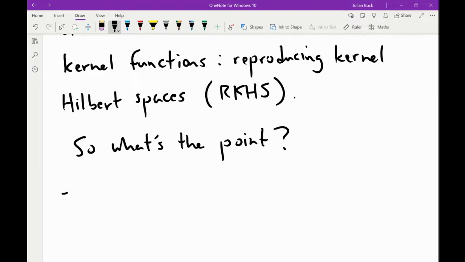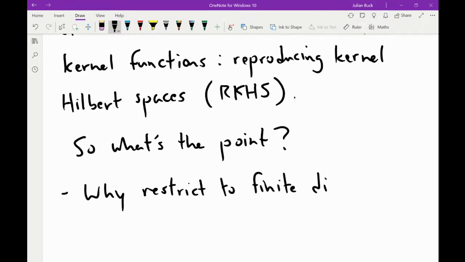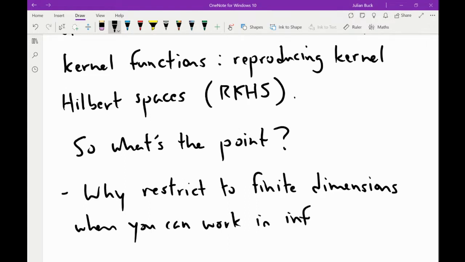One of these is, I'm going to say kind of whimsically, why restrict to finite dimensions when you can work in infinitely many?